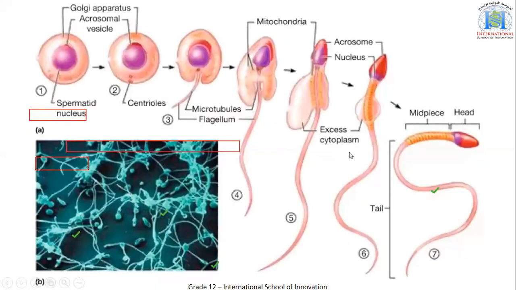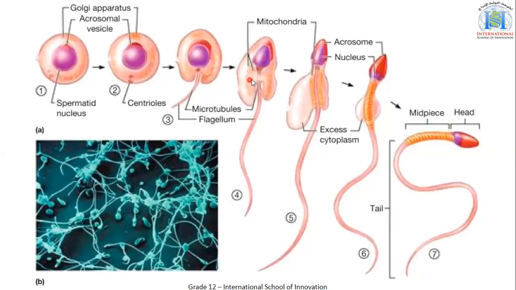Spermiogenesis is the last phase of spermatogenesis. So again, look, this is the spermatid with the nucleus. The Golgi apparatus releases enzymes, and these will gather to form the acrosome, this red acrosome full of enzymes. We will see that enzymes will help in the fertilization process. We have the mitochondria. Where are the mitochondria?